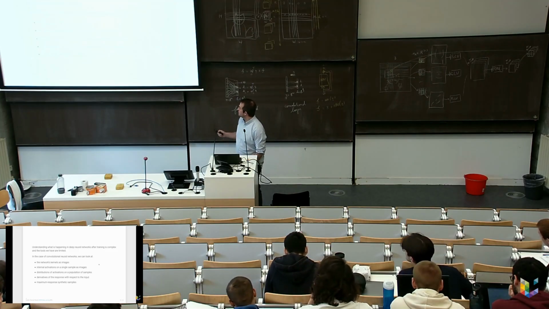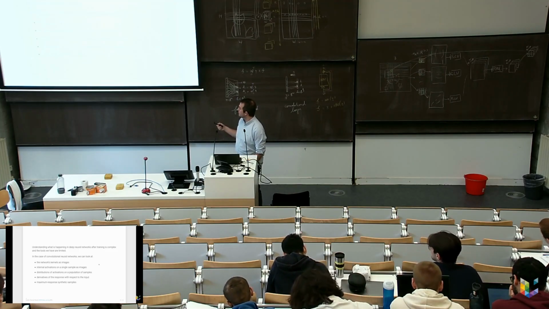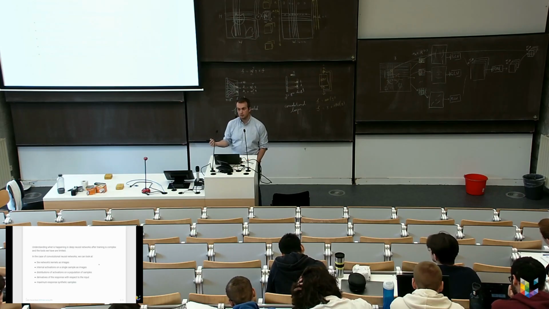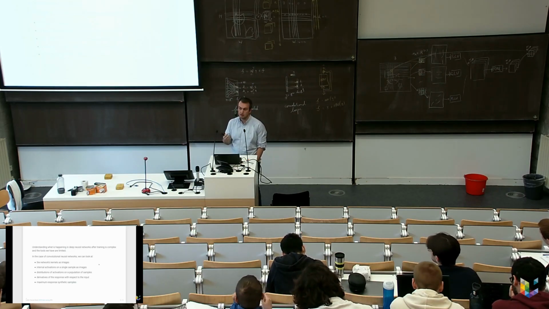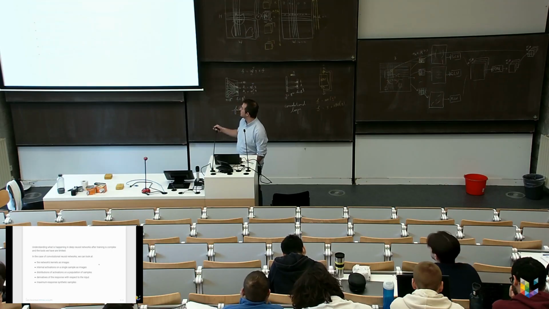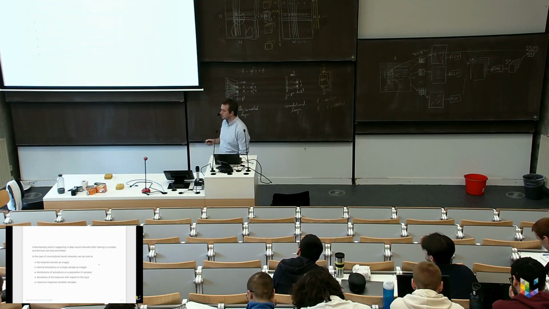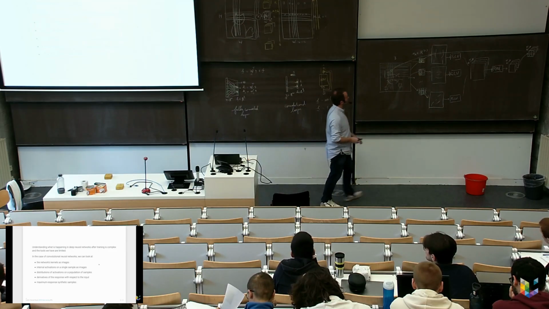Specifically in the case of CNNs, we can look, for example, at the kernels. We can just visualize them as if they were images and try to see if they make sense. We can also look at internal activations in the case of images, so these slices that I was drawing there.